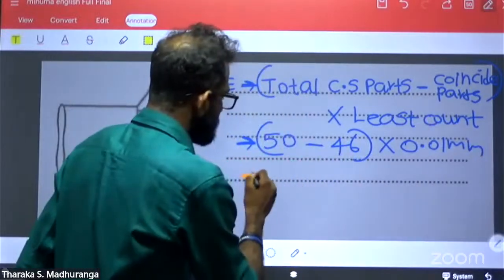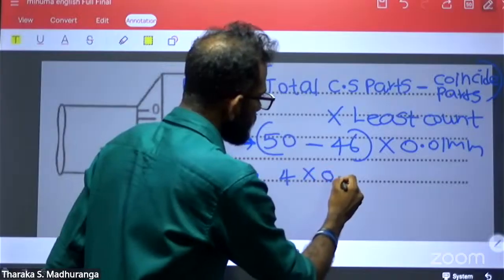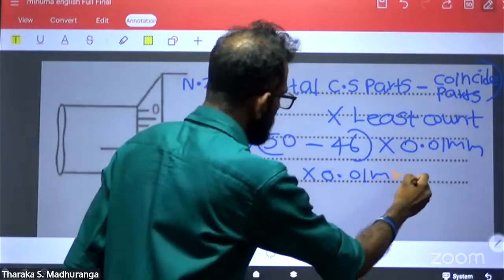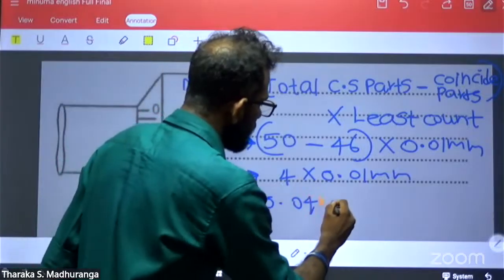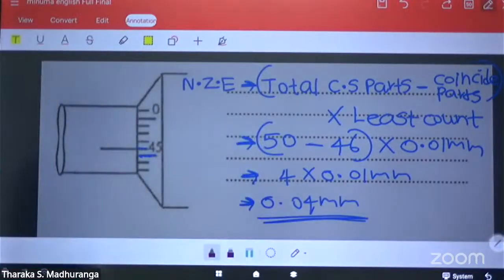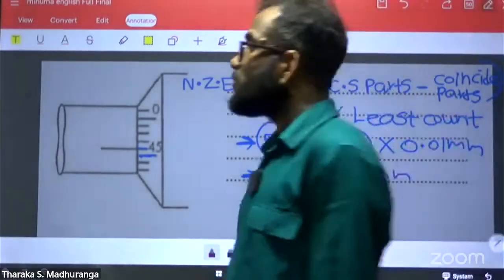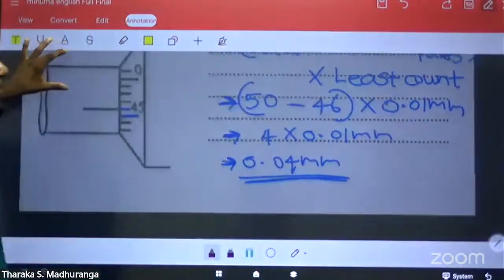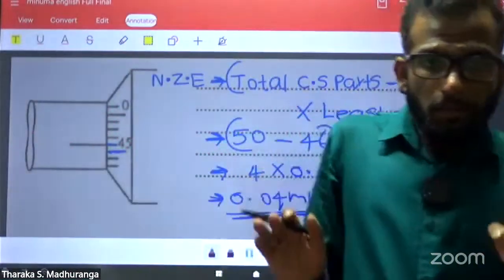It is 0.04 millimeter, not the least count, the negative zero error. That's how we get the negative zero error. Are you good? Same as vernier caliper.